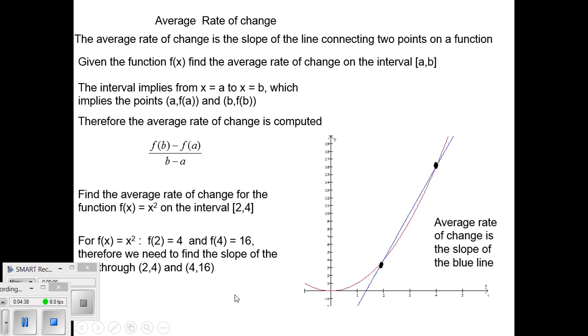So just compute the slope of that line: f of b minus f of a over b minus a, as the formula prescribes. The difference in the y coordinates, 16 minus 4, over the difference in the x coordinates, 4 minus 2. Computing that out, we get the slope of that line, or in the terminology we're now using, the average rate of change is 6 units.